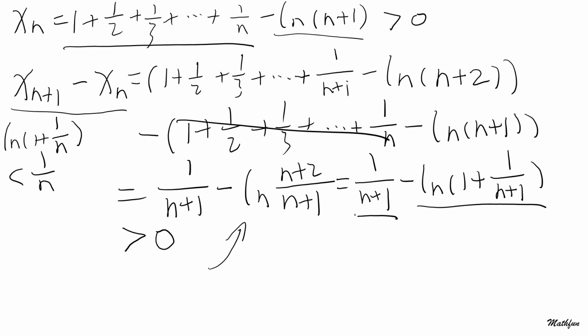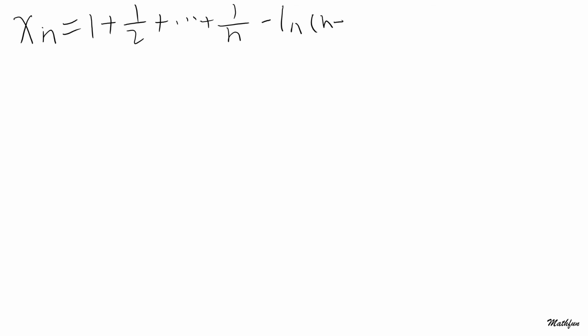At the same time, let's go to the next page because we're out of space, and we're going to use the other portion of Lemma 5. So what we are going to do here is this. We're going to take xn again, equal to 1 plus a half plus so on until the reciprocal of n, minus the natural log of n plus 1.